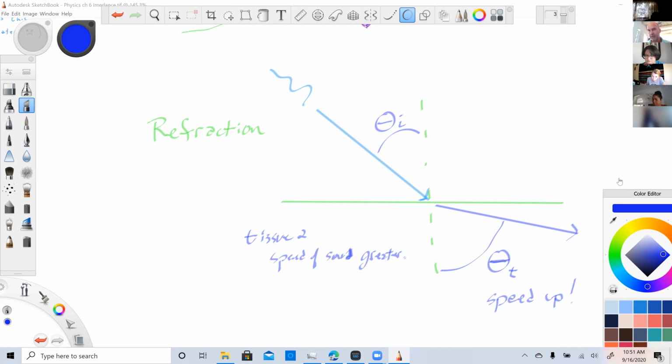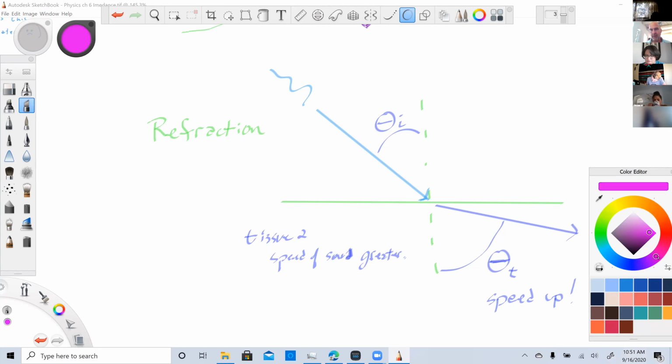So using a different color, if I'm now down here, and my theta angle is this tiny little guy, theta T, that is slow down.